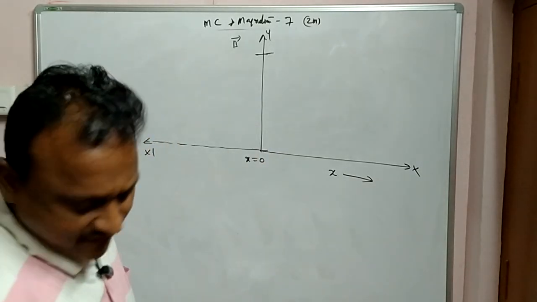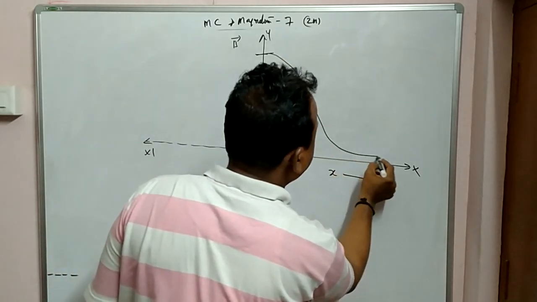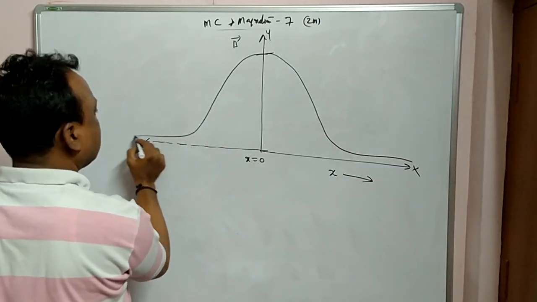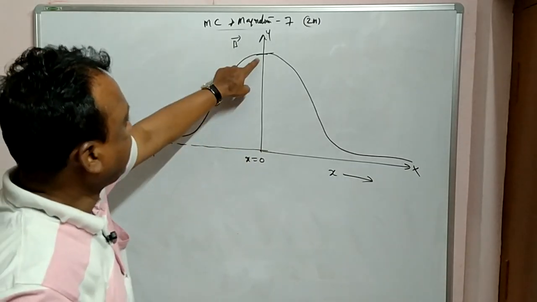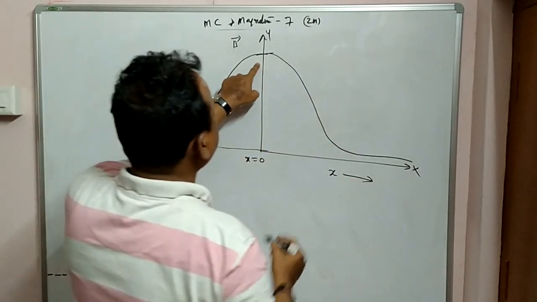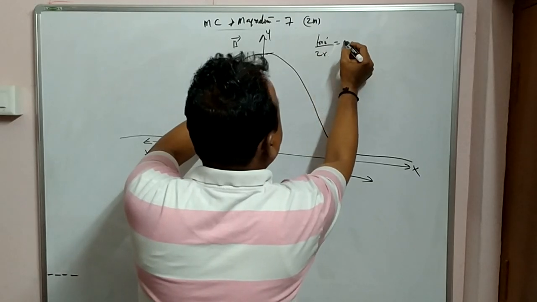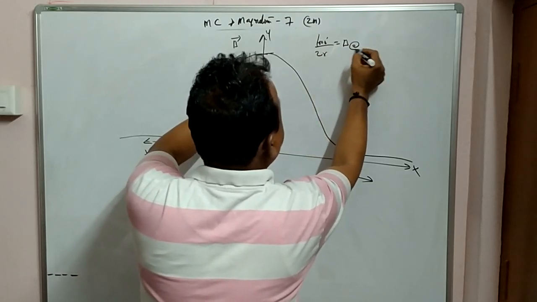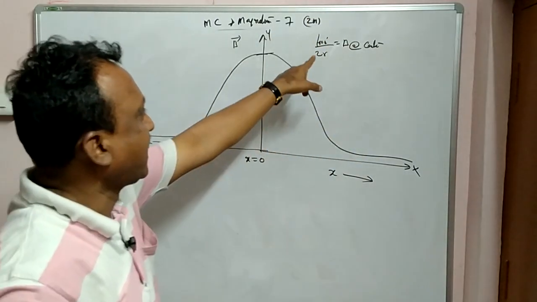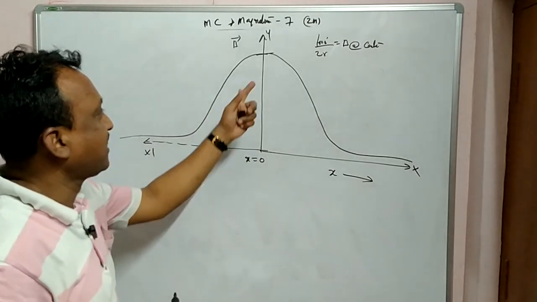The graph will look like this, almost symmetric on both sides. At the center, what value did we get? At the center point, mu naught I by 2R. This is the B value at the center, just like a circular coil with one turn. The general formula is mu naught N I R square by 2 into x square plus R square power 3 by 2.